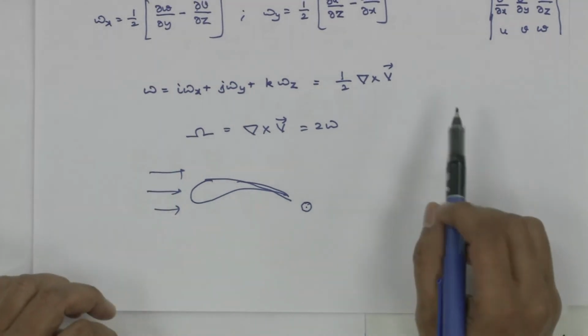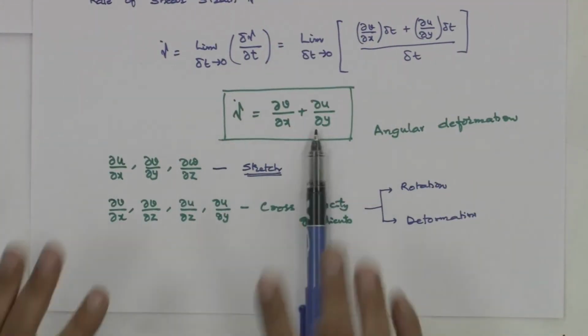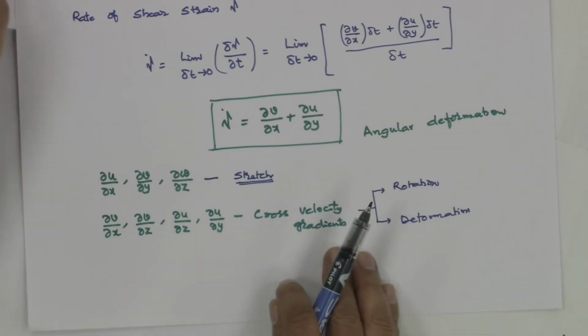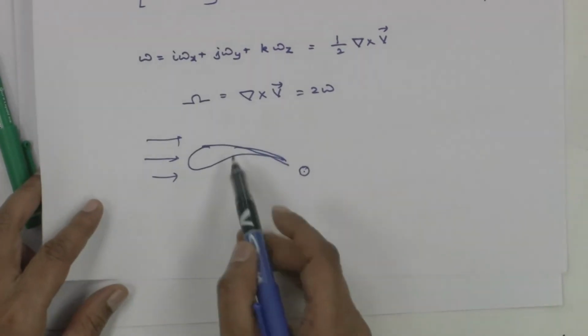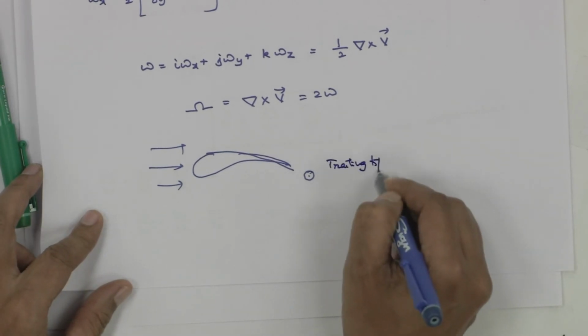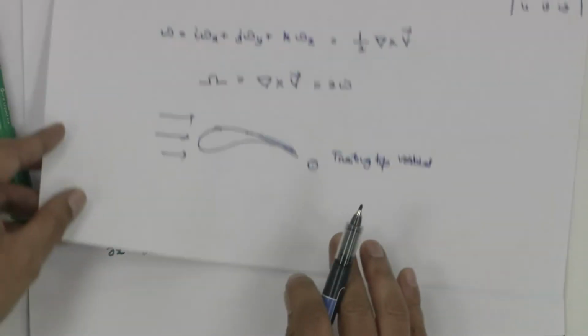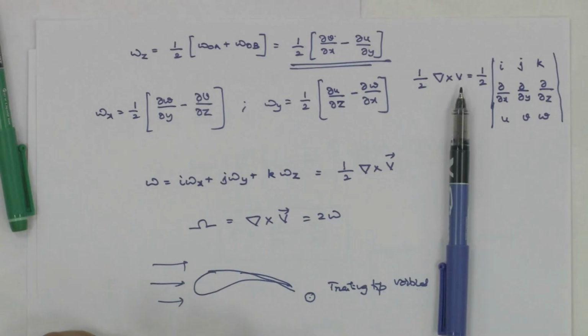Now in the next classes we are going to write conservation of mass, momentum and energy. But when you do mass, momentum and energy, you are going to come across these gradients. You should be imagining them either as stretching or compression. What we are saying is that if we take this blade, there would be trailing tip vortices, and these can be imagined as nothing but my omega z, that is half of del v by del x minus del u by del z.